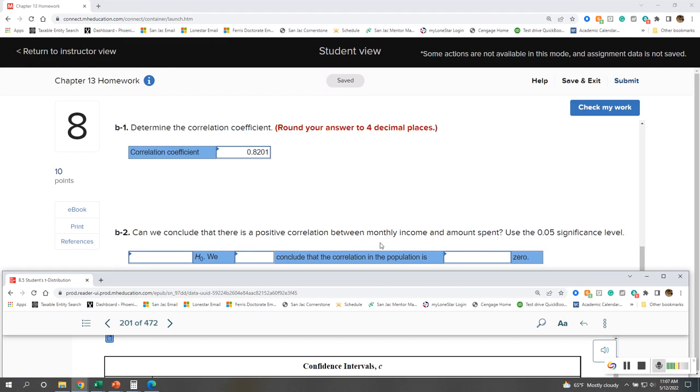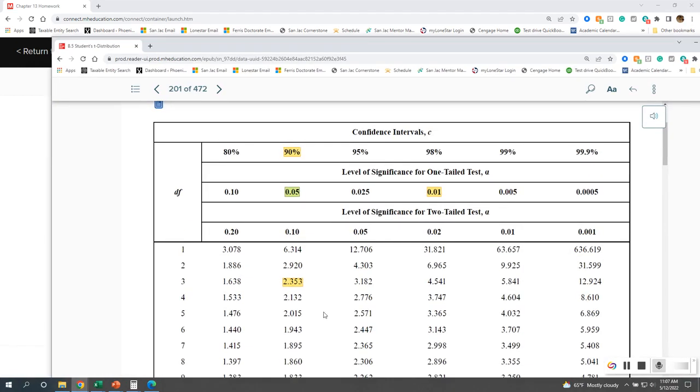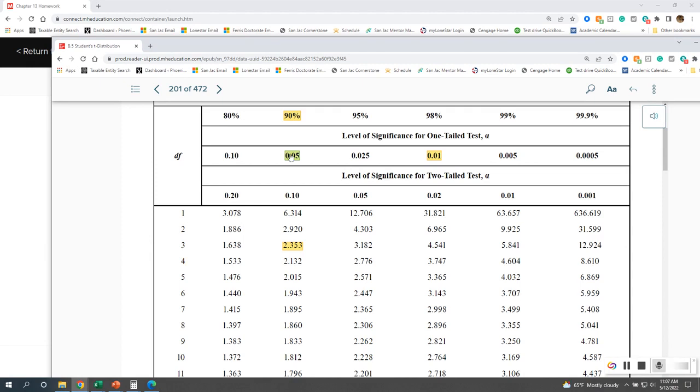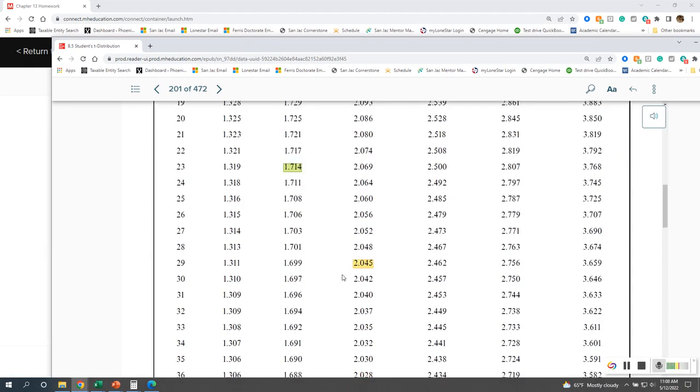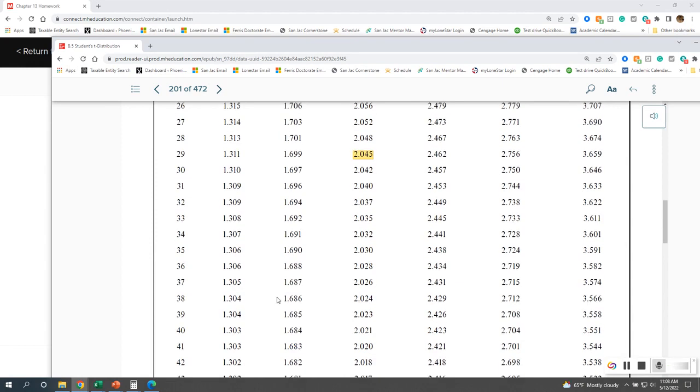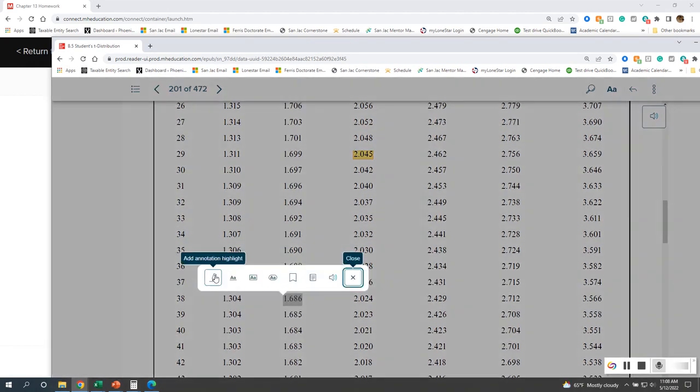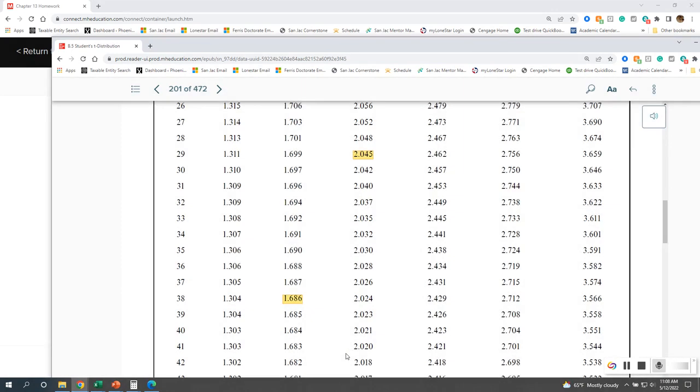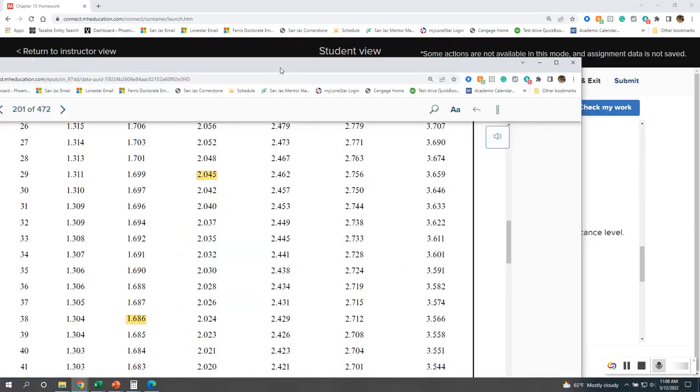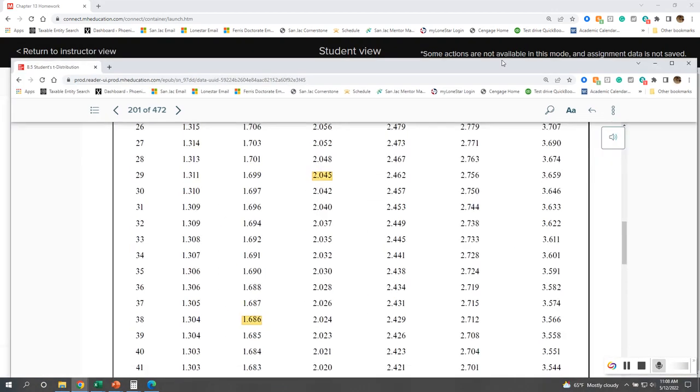So the question is, is it one tail or two tail? It is indeed one tail because we're looking at positive correlation. We don't care about the negative. So it is one tail. So this is our right 0.05. And we gotta go find our number, which is 1.686. Okay, so that's our crit.